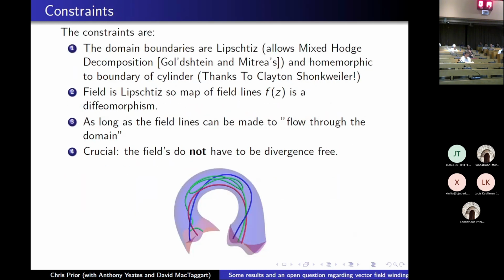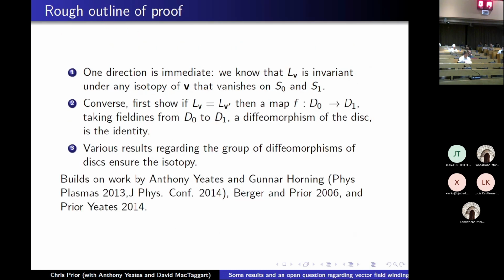A crucial point to make is that I use this a lot in MHD, so with divergence-free fields, but there's absolutely no requirement for that theorem that these fields are divergence-free. So, very briefly with the proof, one way is very obvious.